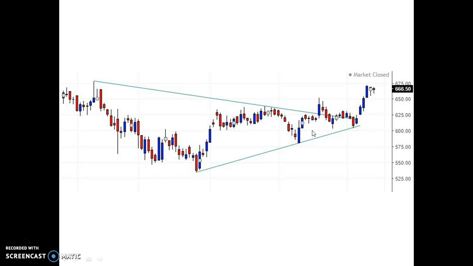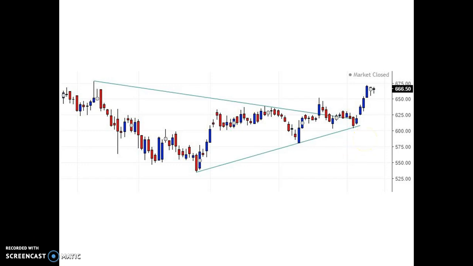It can be drawn simply by connecting the swing highs and swing lows with two sloping lines that will converge at the same point in the future, making the breakout inevitable. You need a minimum of 2 hits of each trend line in order to draw the pattern. As long as this criteria is met, it can be defined as a triangle pattern.